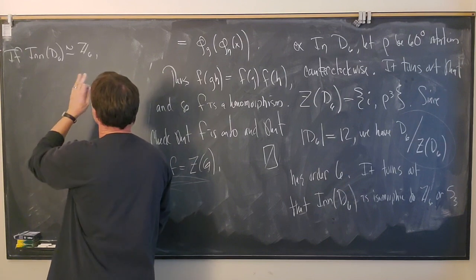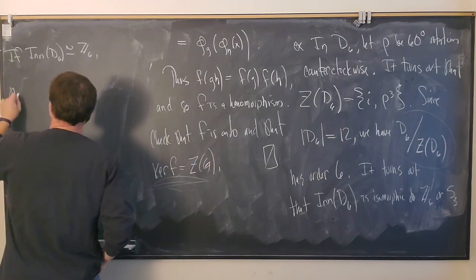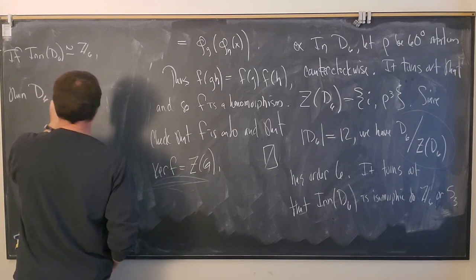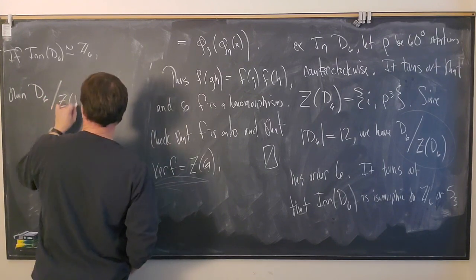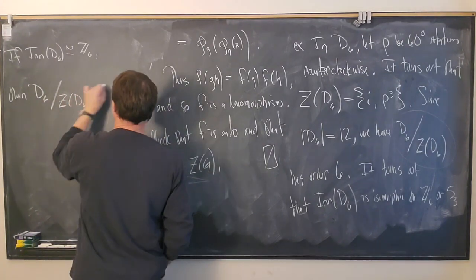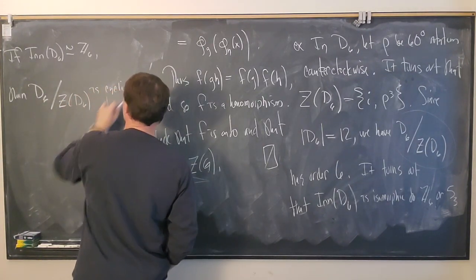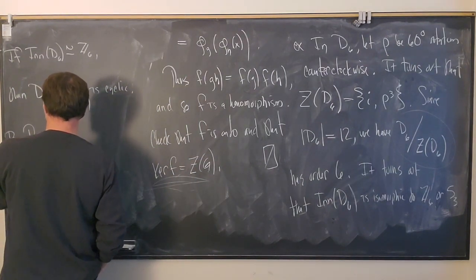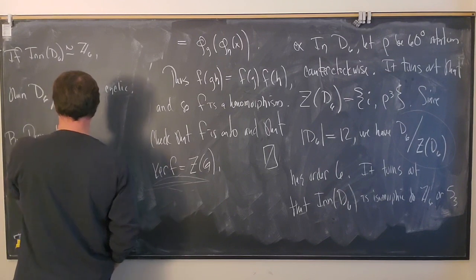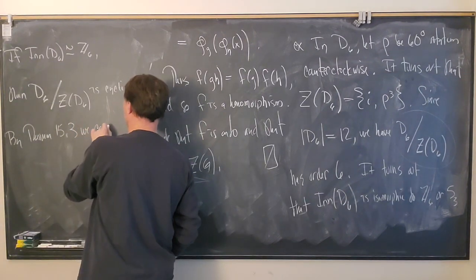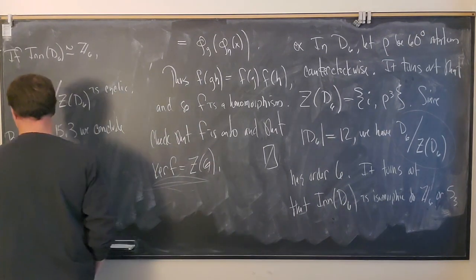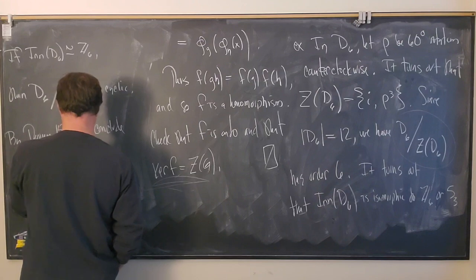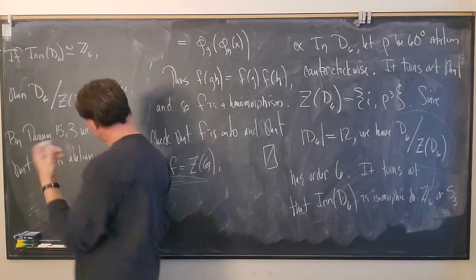So if this is isomorphic to Z6, then D6 mod Z of D6 is cyclic. So then by theorem 15.3, we conclude that D6 is abelian, which we know is not true.